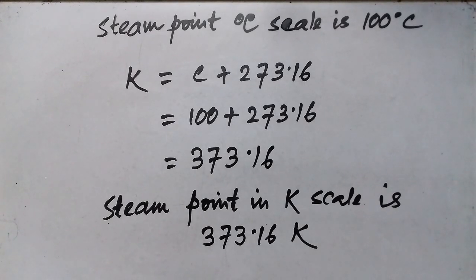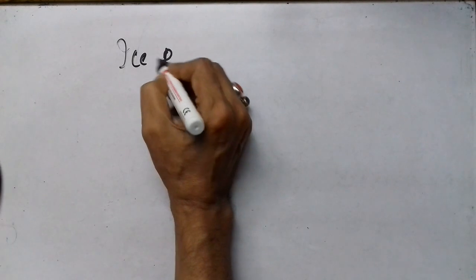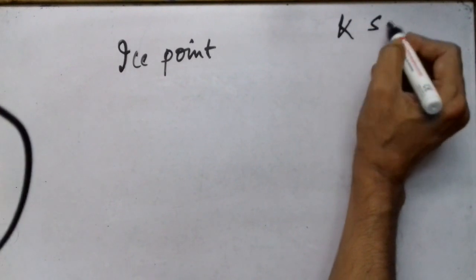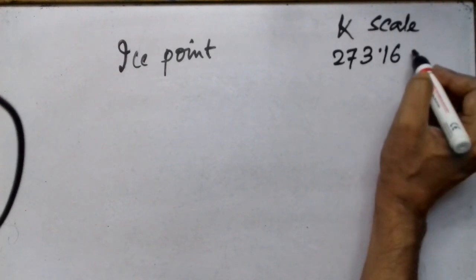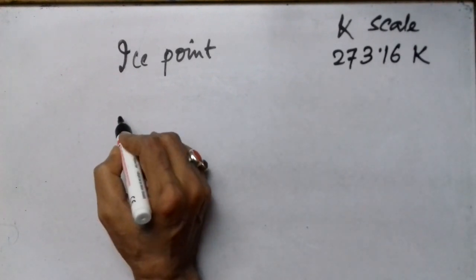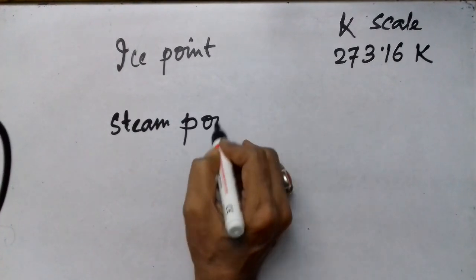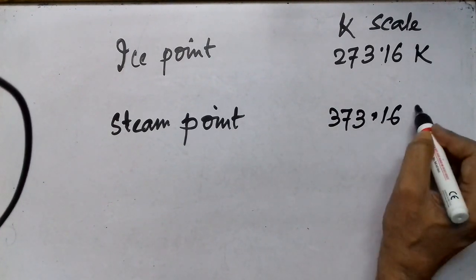But before that, I need to mention one thing here. I am writing. From this part of the video, we have learned that ice point in Kelvin scale is 273.16 Kelvin, and steam point in Kelvin scale is 373.16 Kelvin.